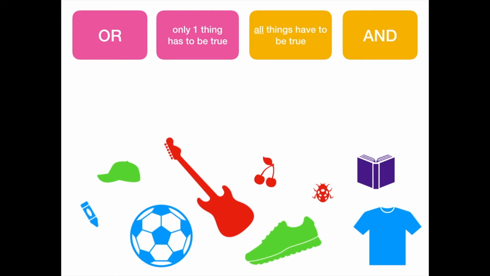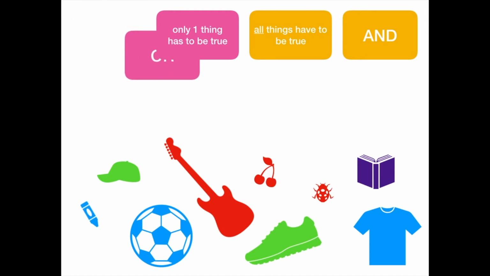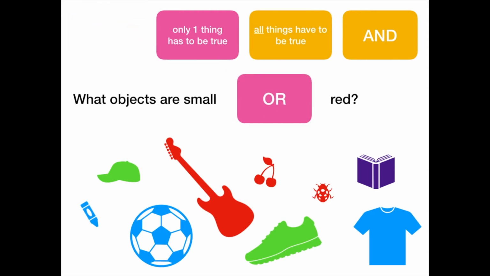So now we have lots of different objects. At the bottom of our screen, we have a crayon and a guitar, a book and a ladybug, lots of different things. So if I asked you the question, what objects are small or red? The word or means only one of those things has to be true.